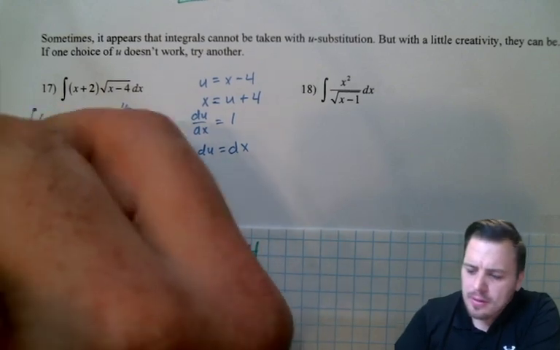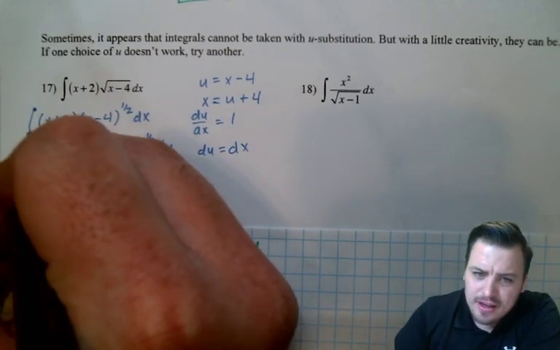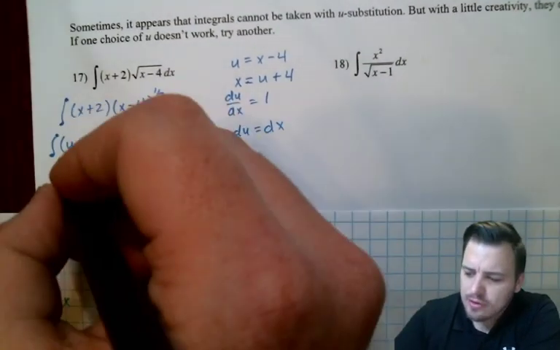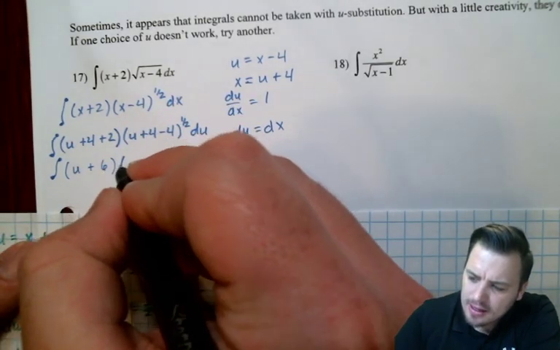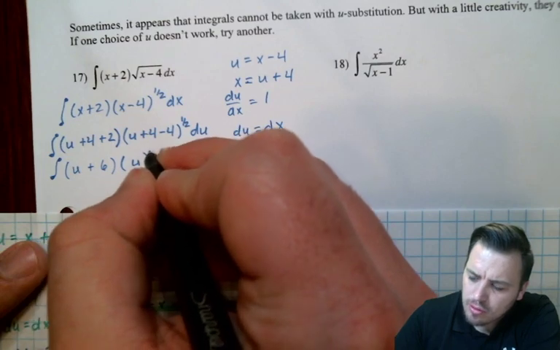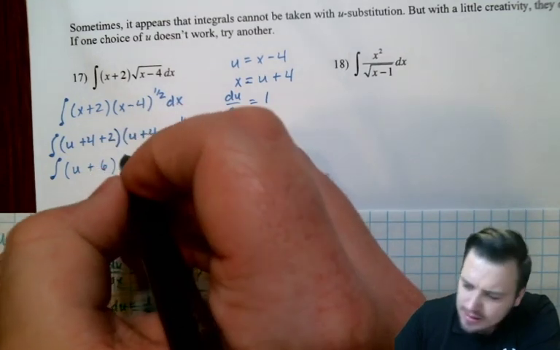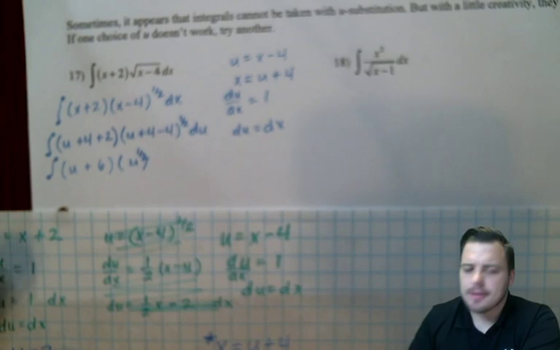Now, I would then have this. I would have u plus 6 and u to the 1/2. And technically I can put that 1/2 in there.